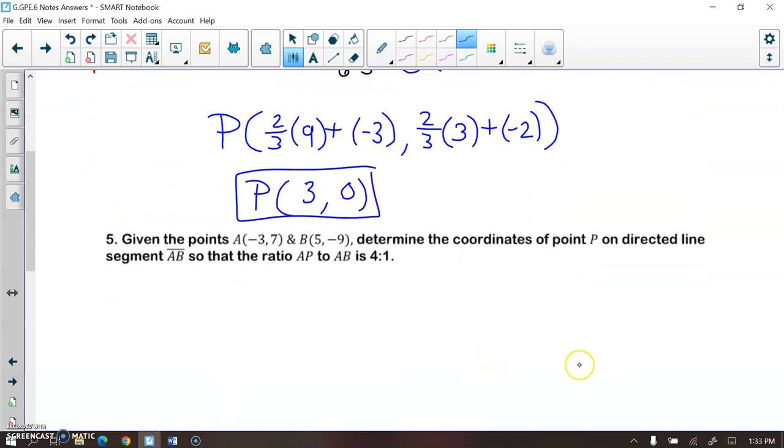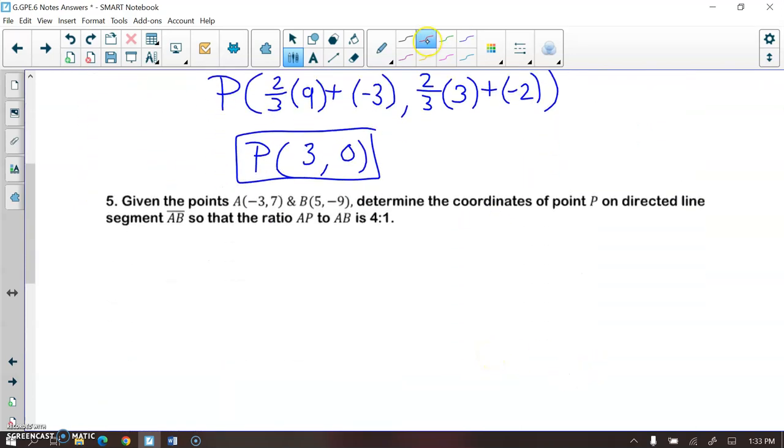All right, next one. We need to be careful about how it's written. So I have my segment AB, and we are finding point P again. However, listen carefully or read this carefully.